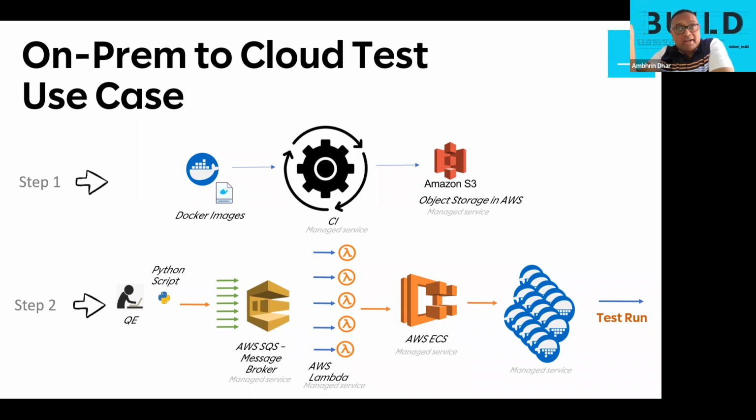But if we used Fargate, which is the serverless offering of the containerization service, then none of this would we have had to worry about. Fargate would do the heavy lifting. We don't even need to worry about which EC2 instances we need to run the tests on. Fargate decides it. Of course, it's all automated. We have to write scripts for that. But that's the power of cloud.